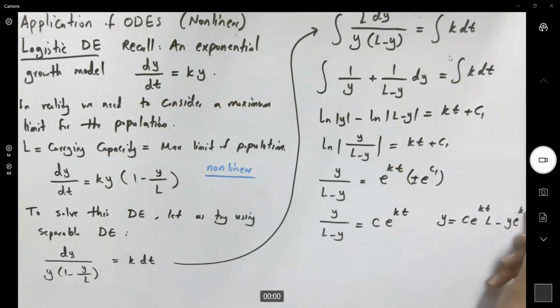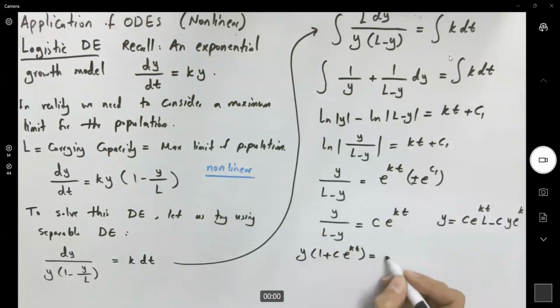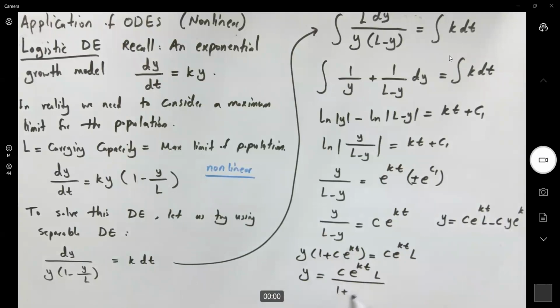Then if you bring this term that has y in it to the other side, you can factor out y. You get y times (1 plus c e to kt) equals c e to kt times L. So y is c e to kt times L divided by 1 plus c e to kt.